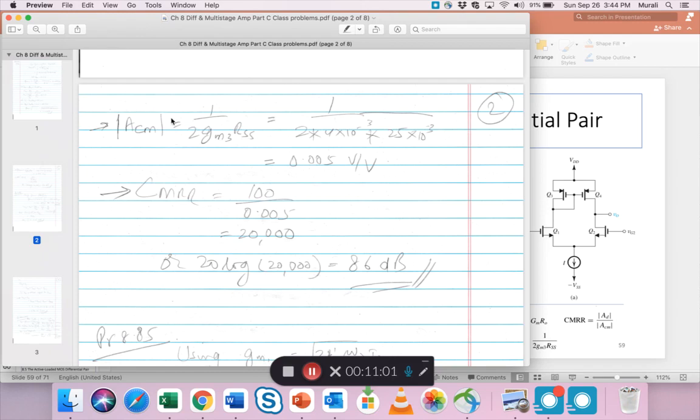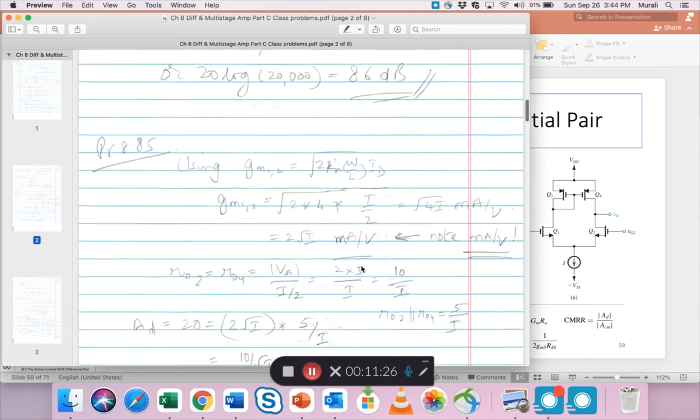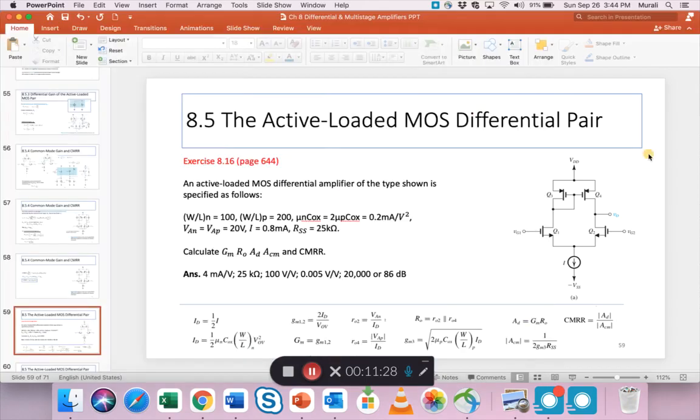But otherwise, if I ask you in a question in a quiz or something, make sure there's a negative value there. Then once you get CMRR in absolute value, to find it in dB, you just do 20 log this. Your calculator should be able to do this, and it's 86 dB. All right, so that was an exercise, and I think all the answers matched with what we have here.